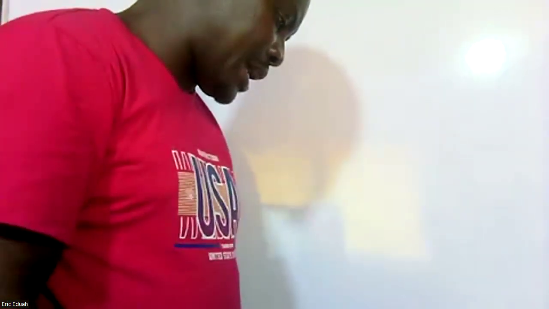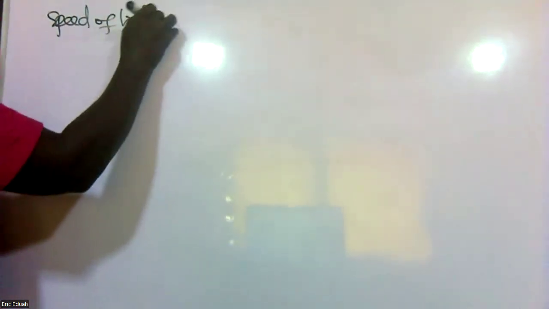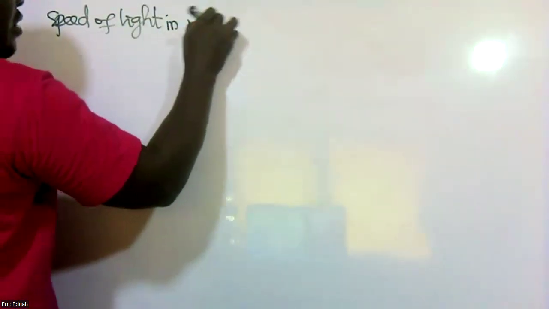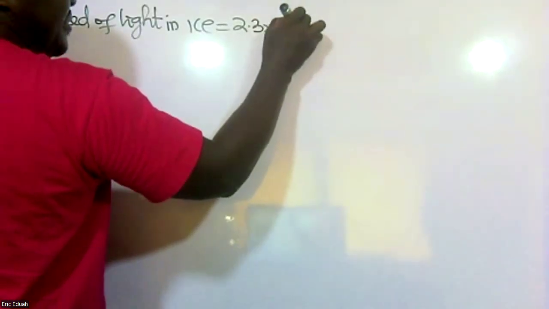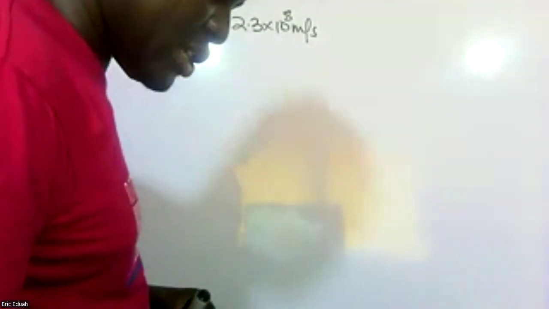If the speed of light in ice is 2.3 times 10 to the power 8, what is the index of refraction?